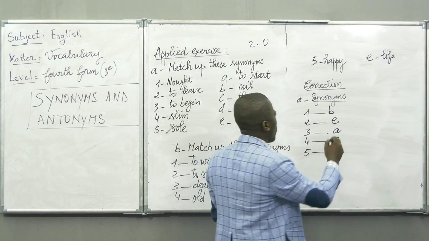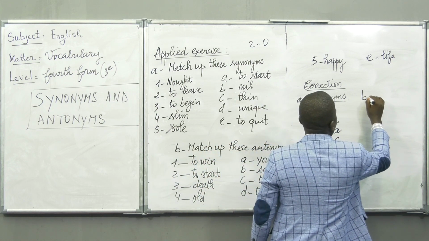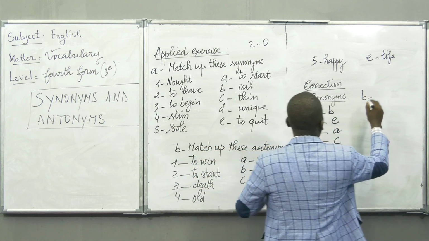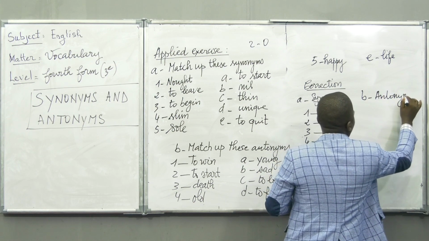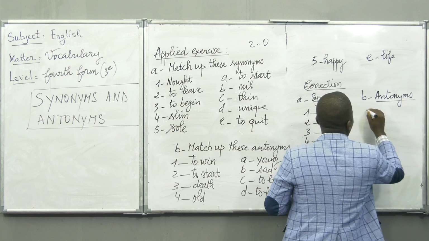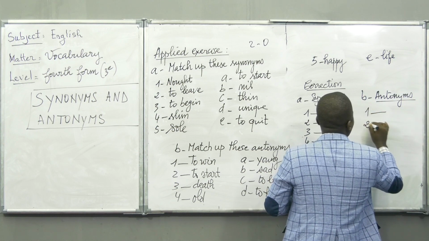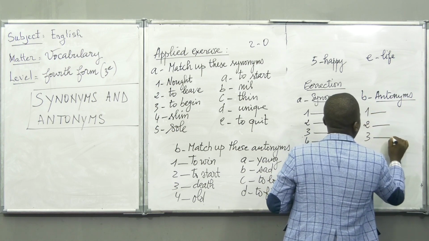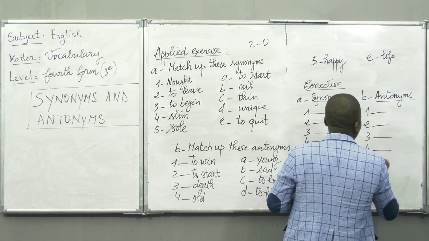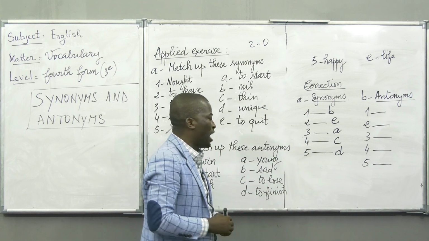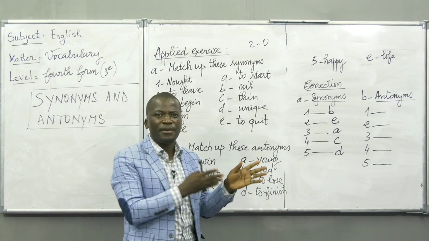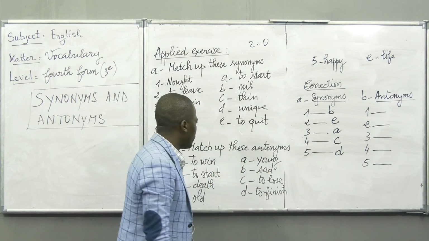Let's move to the second one. B, antonyms. One, 2, 3, 4, 5. Okay, now the contrary, not the same, but the contrary.